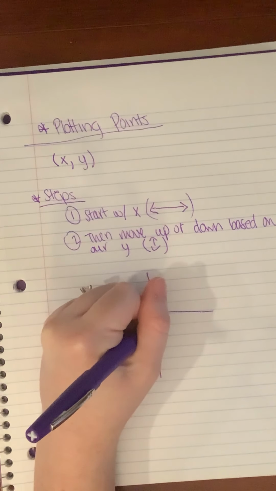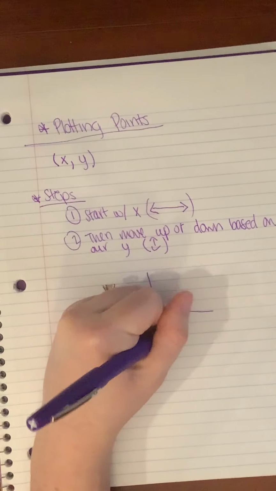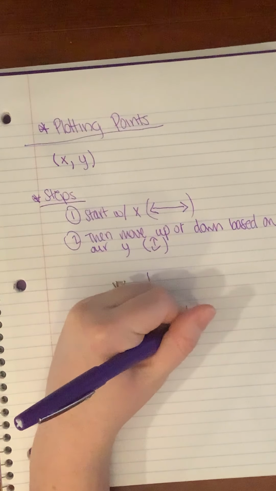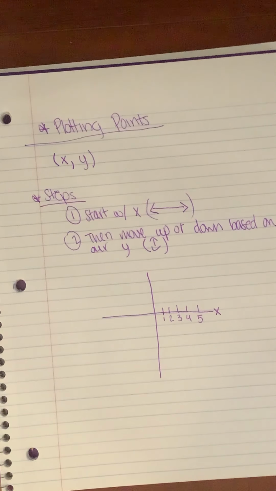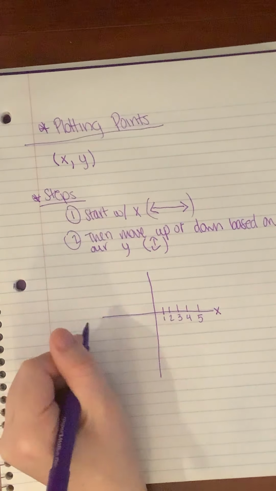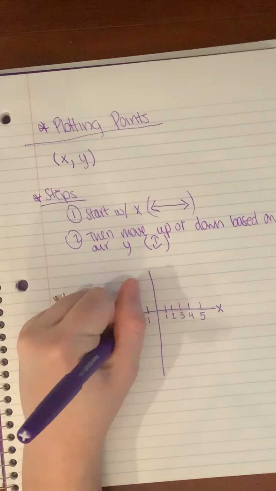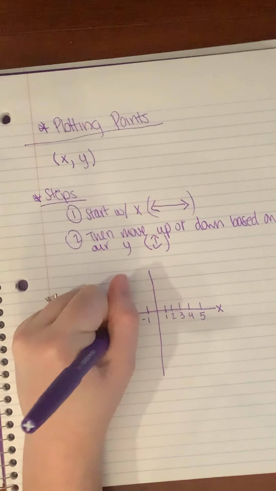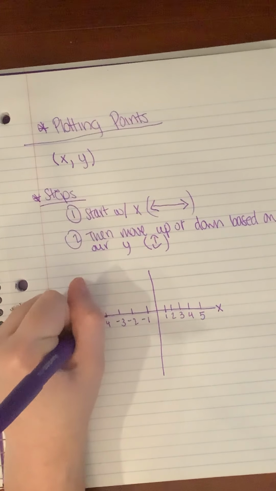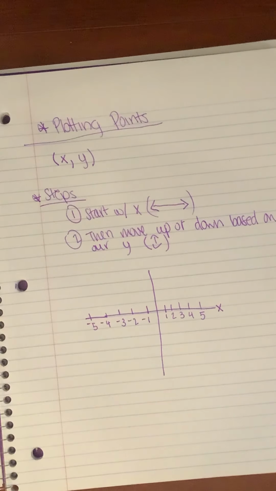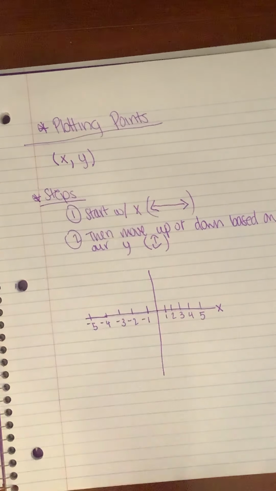We're going to start here, and we're just going to make 1, 2, 3, 4, 5. Because again, this is our x-axis. And then we're going to go down our x-axis and plot some negative numbers. So -1, -2, -3, -4, and -5. Remember, this point right here is 0, 0.